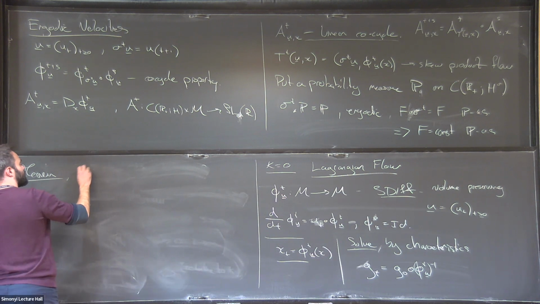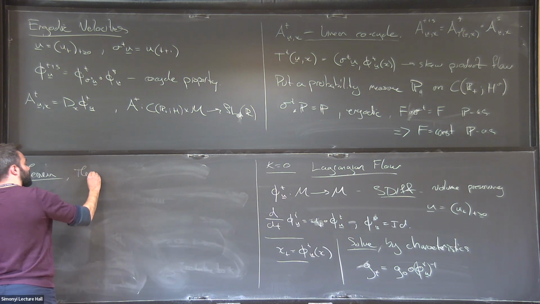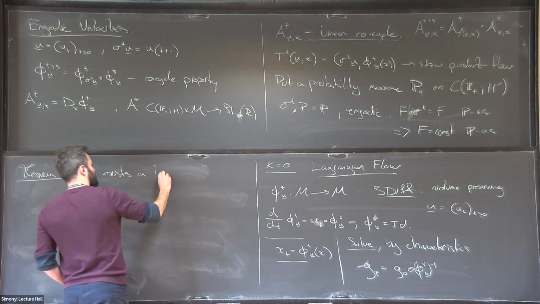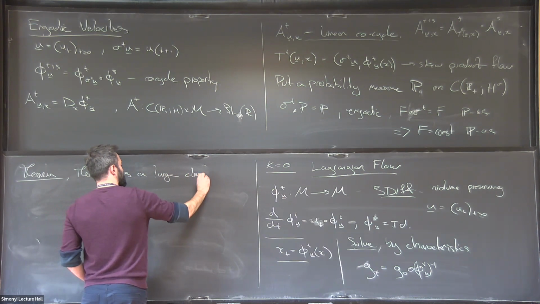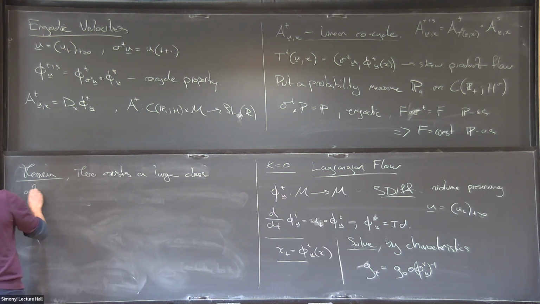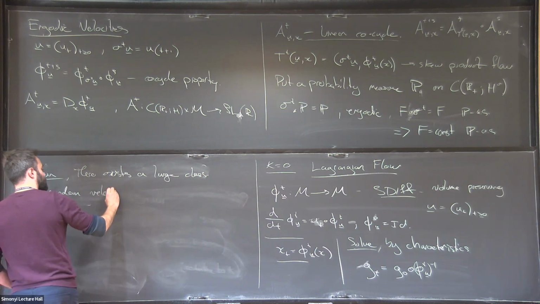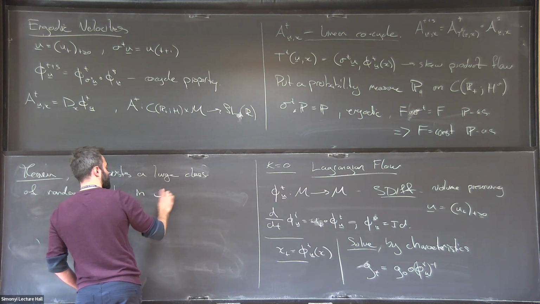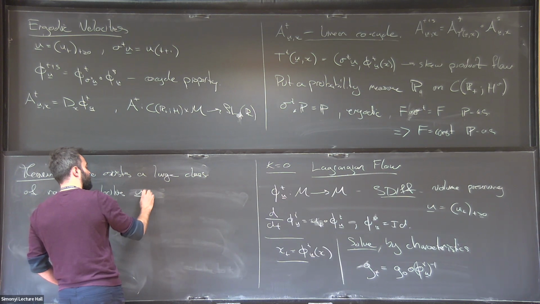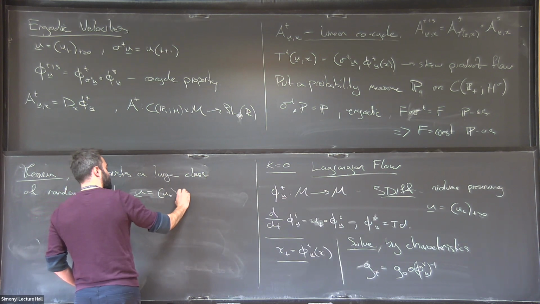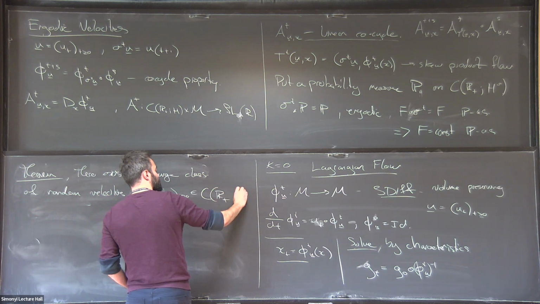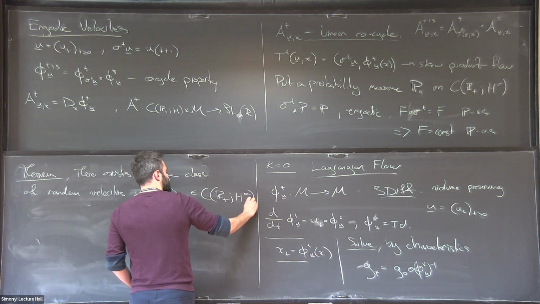And that is basically: there exists a large class of velocities, continuous in time, taking values in H sigma.